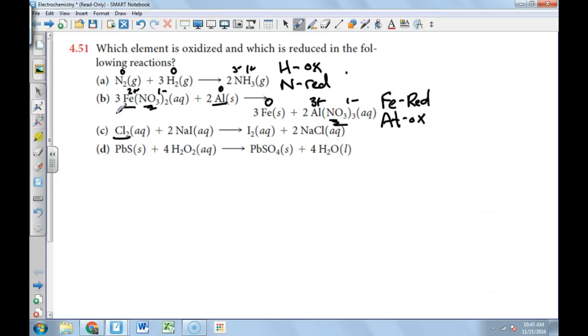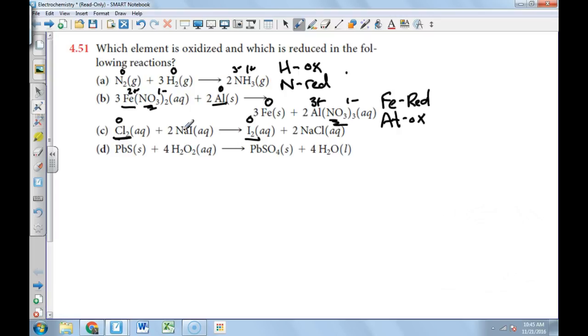Okay, so let's take a look at chlorine. Chlorine here is 0 because it's an element. Here, iodine is an element. Keep Hankelbrief in mind: hydrogen, oxygen, nitrogen, chlorine, bromine, iodine, and fluorine. Those are all the elements that are diatomic, found in nature as 2 elements.